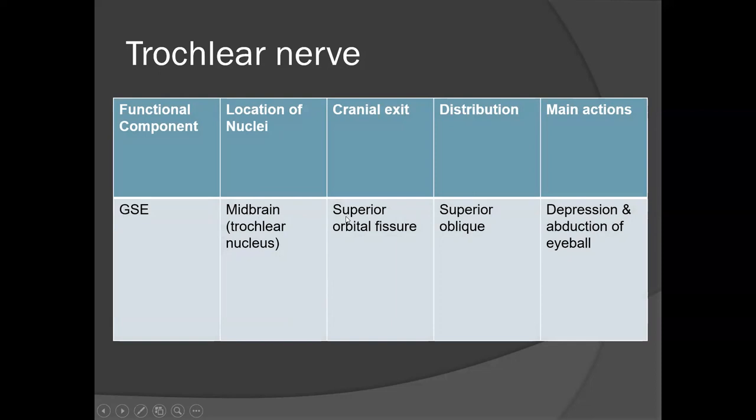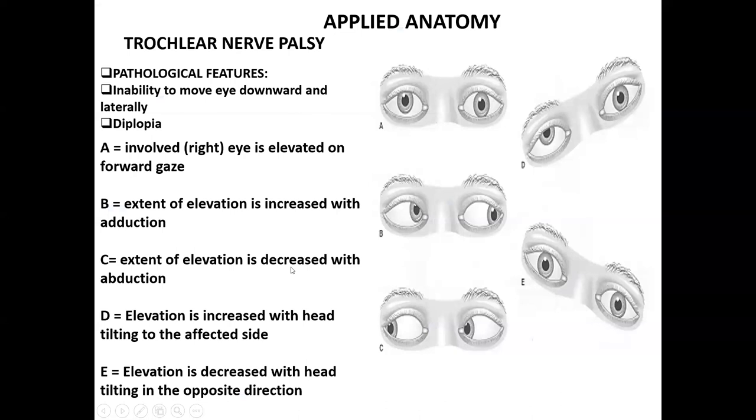And then it enters the cavernous sinus and exits the cranial fossa through the superior orbital fissure to supply the only muscle it supplies, that is the superior oblique muscle. And the function of the superior oblique is intorsion, depression, and abduction.